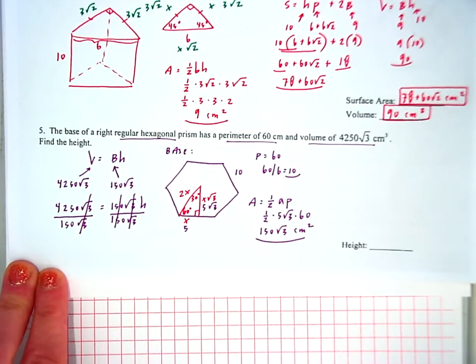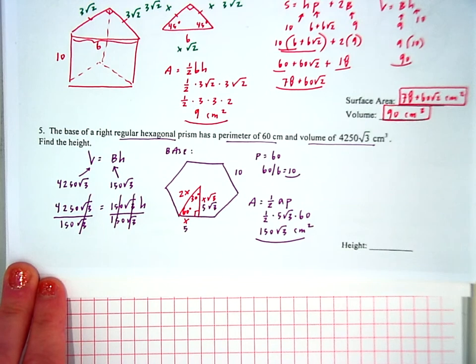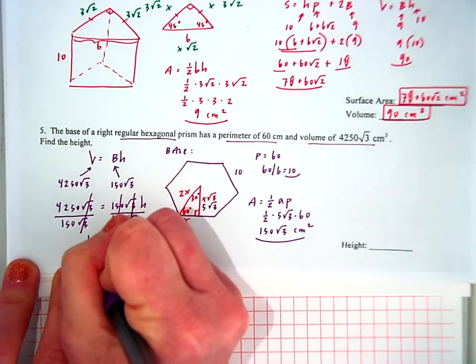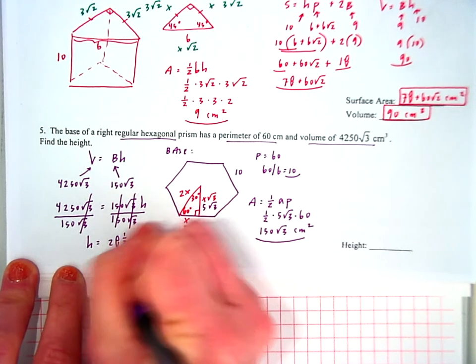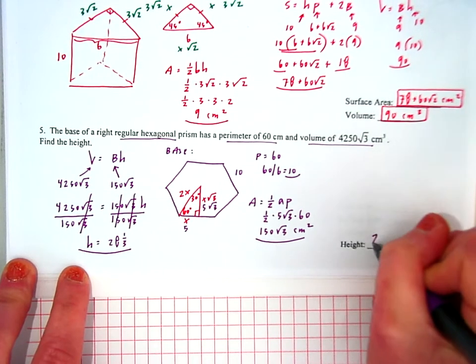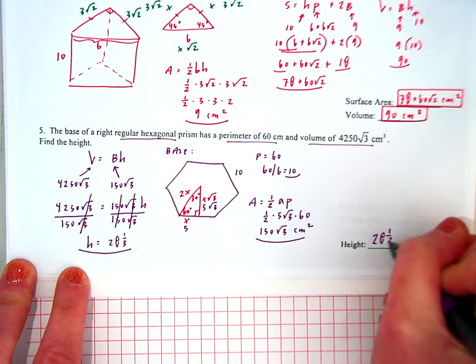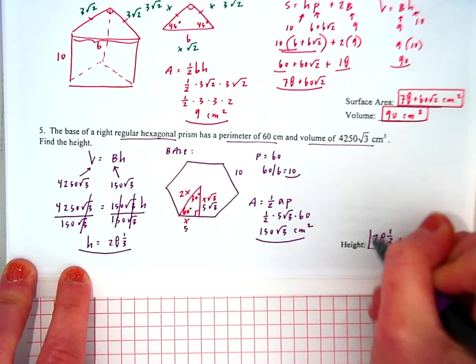So I end up really just having to divide 4,250 by the 150. So I'm going to get a height of 28 1/3. So my height is 28 1/3 centimeters.